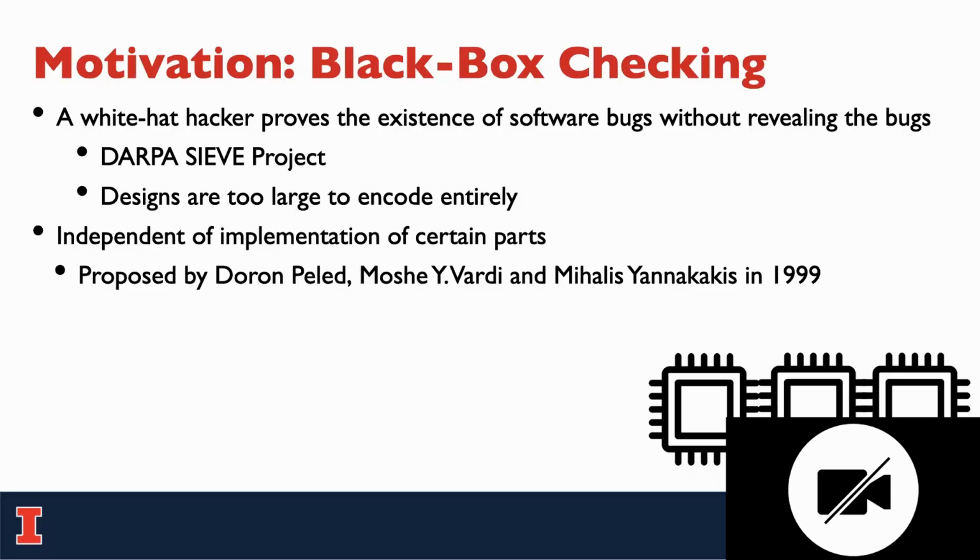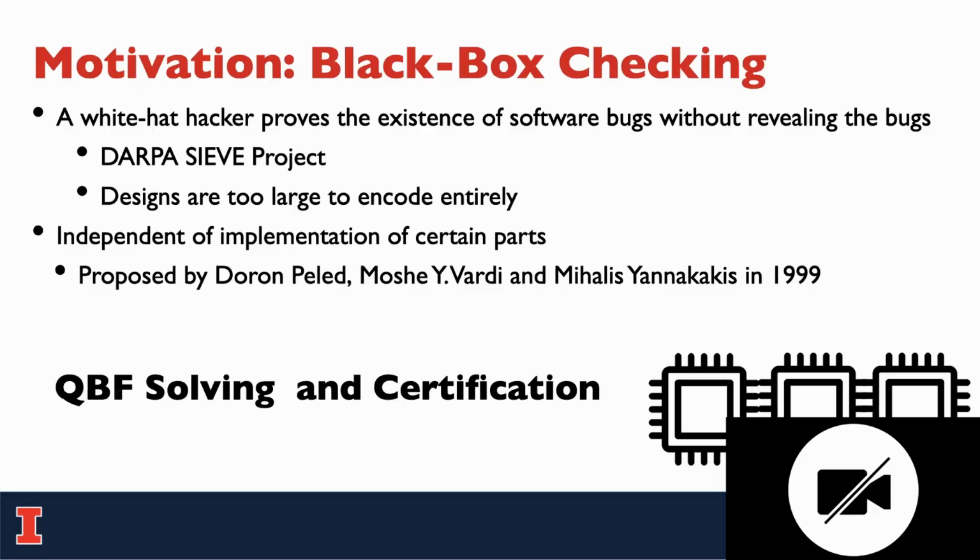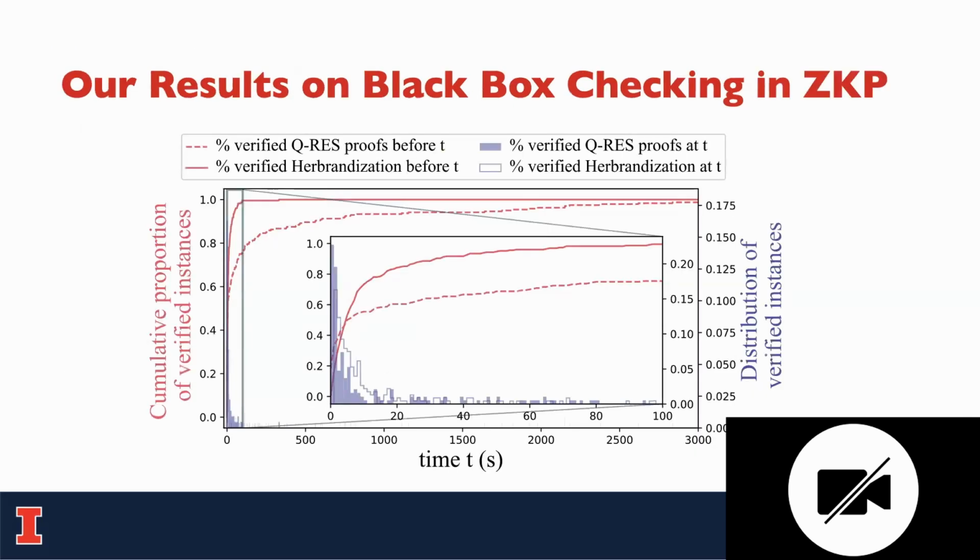So what we do is encode these independent components as a black box, and then the black box checking problem is reduced to QBF solving, and proving the existence of a software bug is reduced to QBF evaluation certification. For our work, I want to show the evaluation result at the beginning.